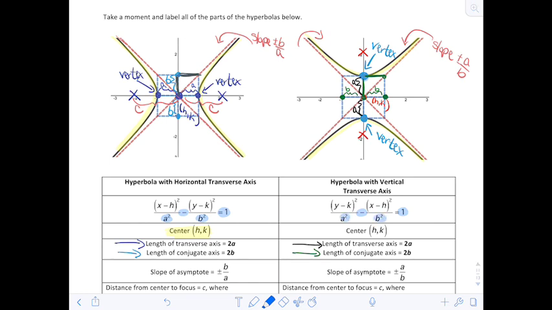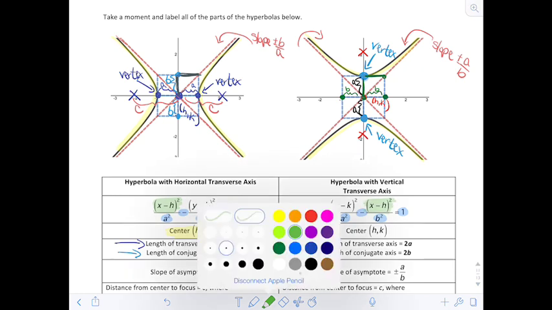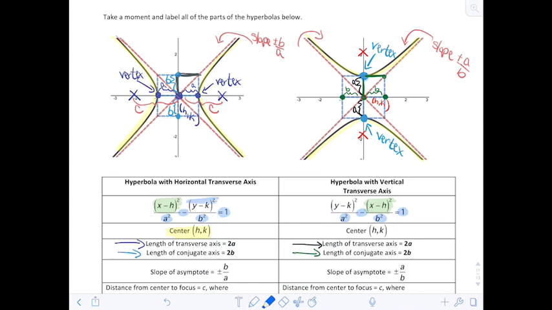And what changes is in the horizontal, you have x minus h all squared first, whereas in the vertical, it comes second. And then in the first one, you have y minus k coming second, but in the vertical, it comes first. So why is that?